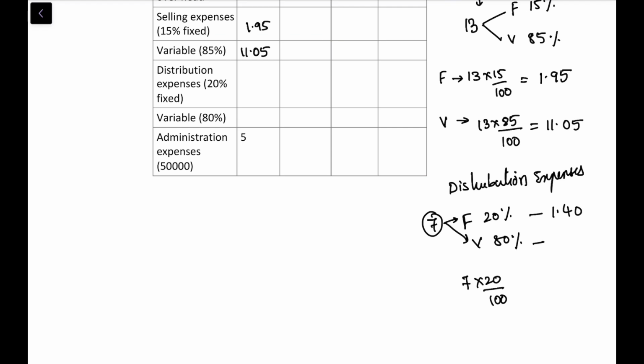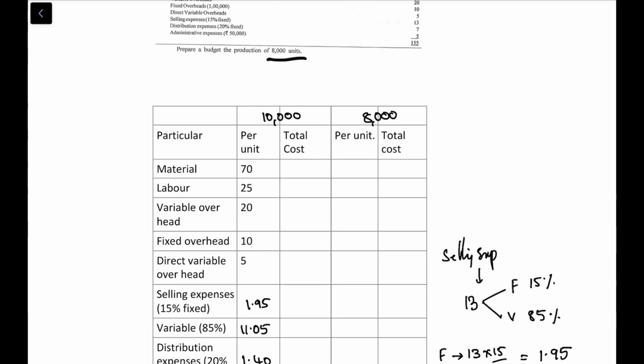And same 7 into 80% divided by 100 is 5.60. So per unit 1.40 for distribution expenses, which is fixed in nature, and 5.60 is variable in nature.